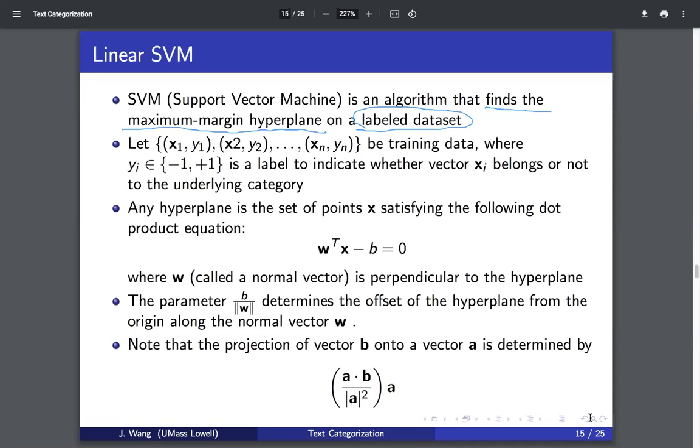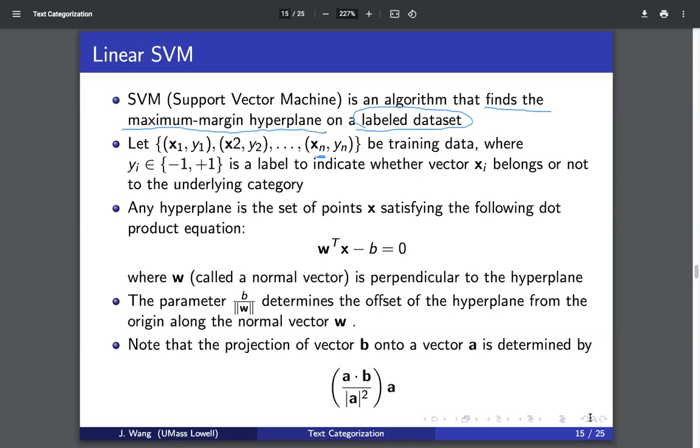So now let's say we have training data: x1, y1, x2, y2, up to xn, yn. This n is the number of training data you have. For support vector machine, this n doesn't need to be big. It could range from a few tens to a few hundreds, right?